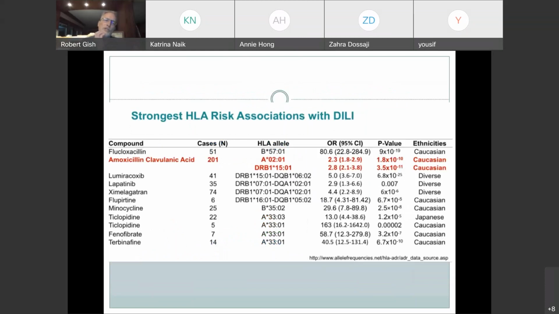This is the strongest HLA risk. There's 201 cases with the odds ratio between 2.3 and 2.8 for these two different HLA alleles, but the p-value is very strongly statistically significant.